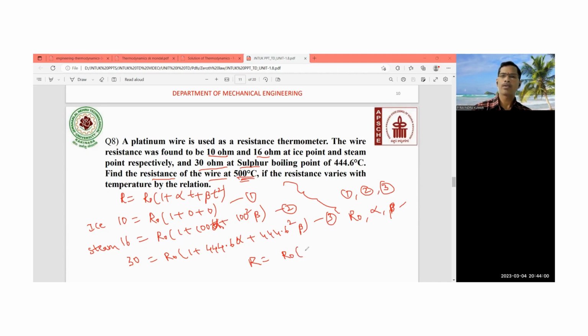So R naught into 1 plus 500 alpha plus 500 square beta. After finding alpha, beta and R naught, you will get the resistance as 31.3 ohm. So this is how you have to solve this numerical problem. Hope you have understood.